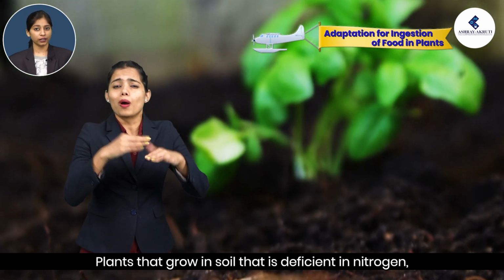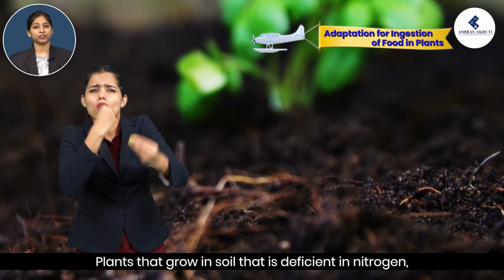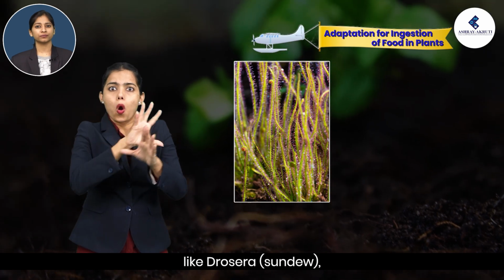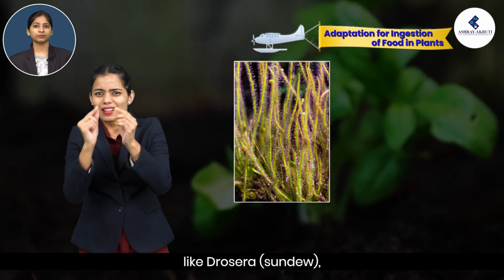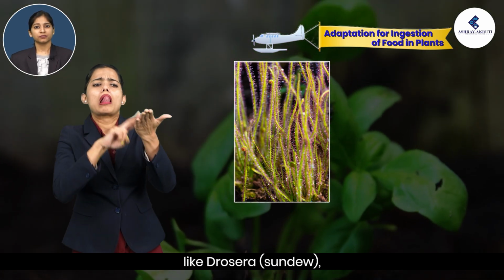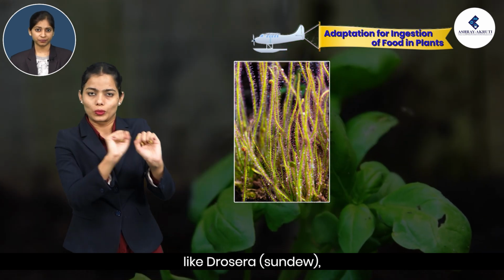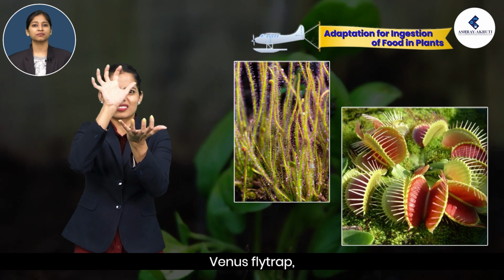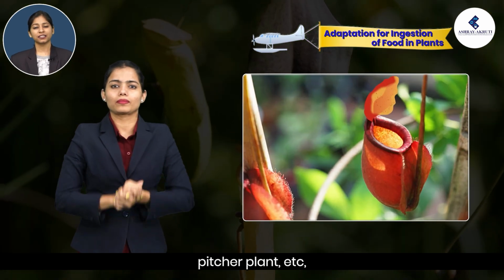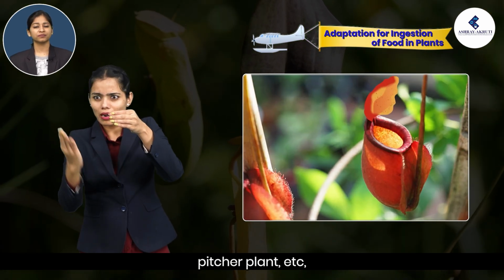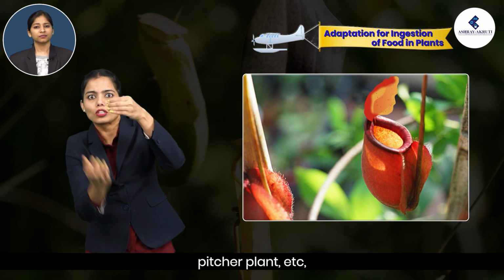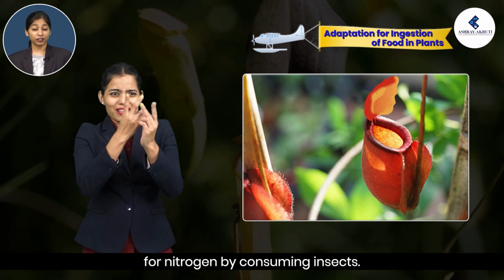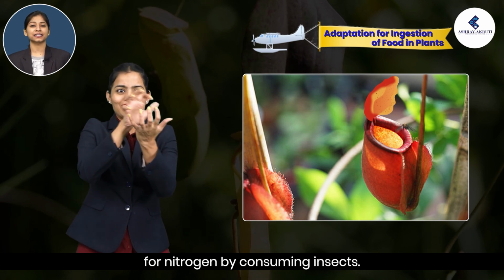Plants that grow in soil that is deficient in nitrogen, like Drosera, sundew, Venus flytrap, pitcher plant, etc., fulfill their need for nitrogen by consuming insects.